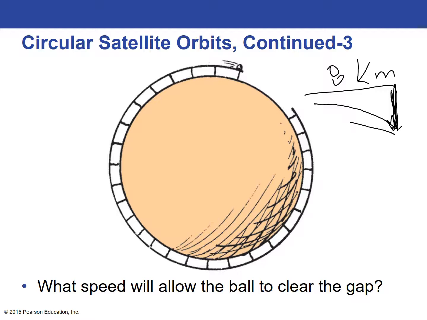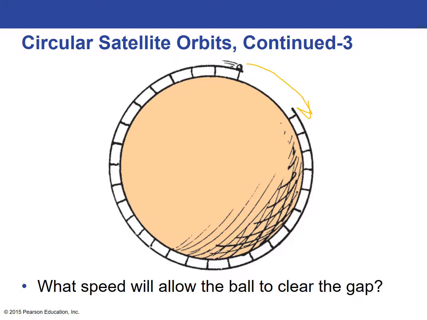So the question is, how fast would I need to be going to clear this? And the answer is that if I'm traveling at 8 kilometers a second, I catch up with the ramp on the other side. All right.